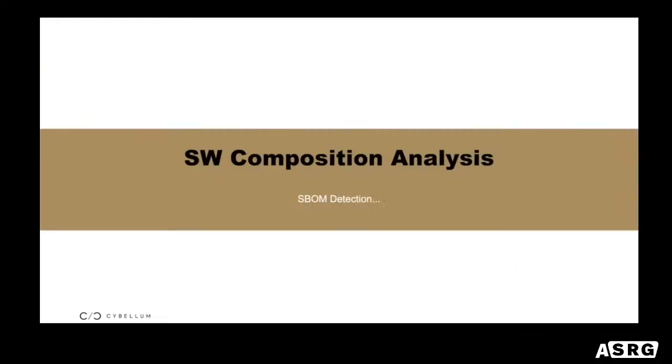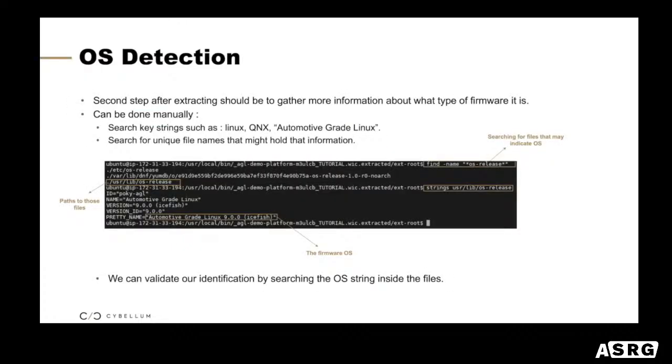Once you have it extracted, you then perform the composition analysis, which is the SBOM detection. You can do that manually by investigating strings, looking for key strings. In this case, for example, we are looking for the OS release file, which is commonly found in Linux operating systems and its derivatives.